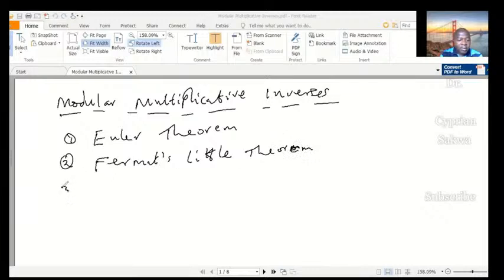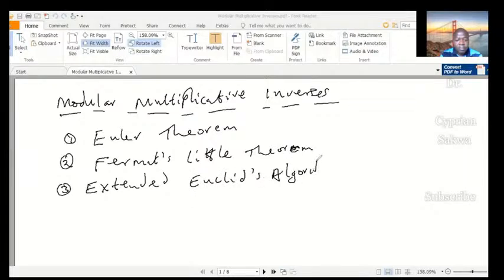Then I'll use the extended Euclid's algorithm. So these are the three methods I want to use to get the modular multiplicative inverses.